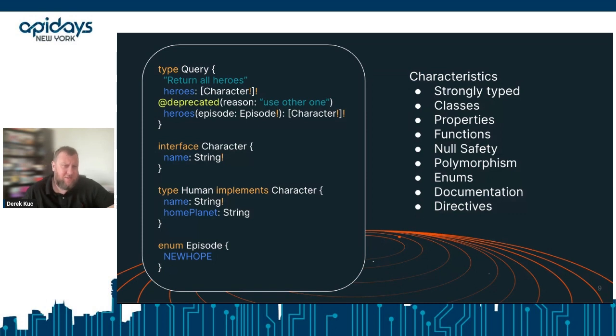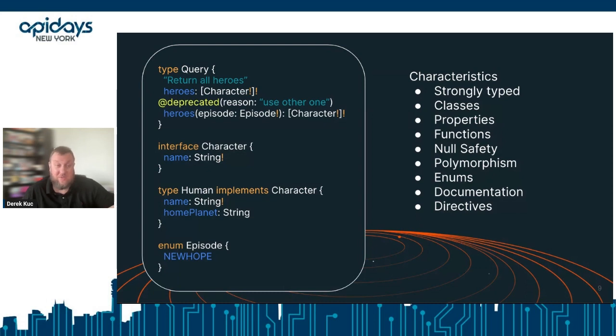And last but not least, GraphQL also has a mechanism to modify the behavior of the schema at runtime, or just provide extra metadata to the user. Here I'm using an example of deprecated, which is one of the built-in directives. This is going to mark the field as deprecated to the user.